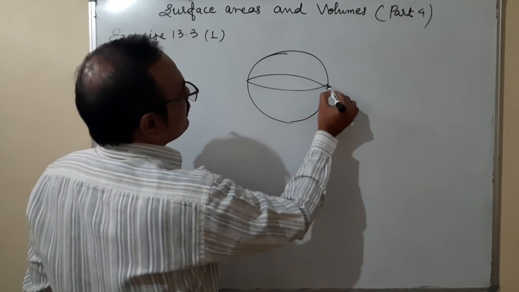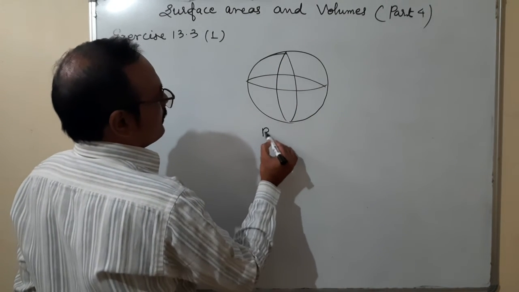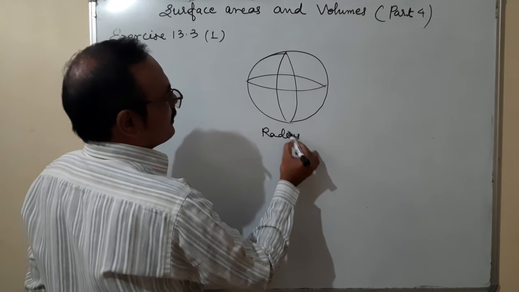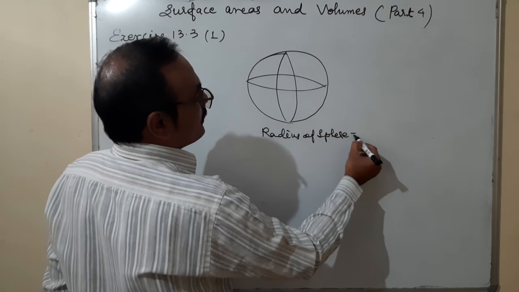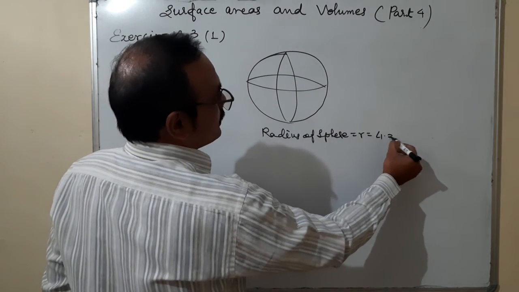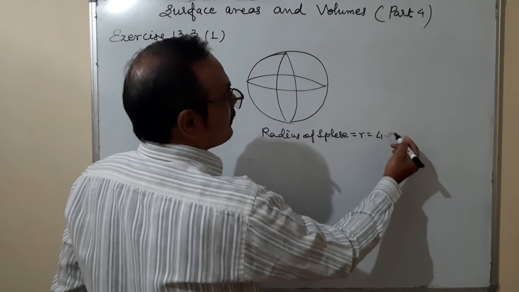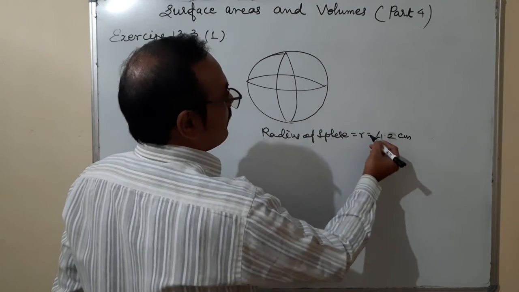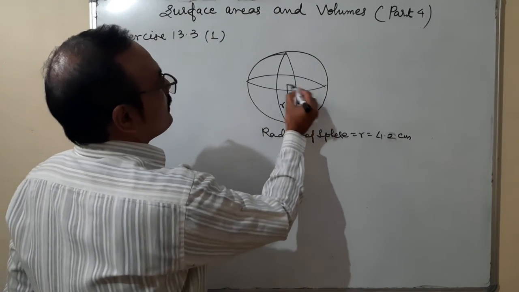Sphere. So the radius of the sphere is R equal to 4.2 centimeter. Okay, so radius R everywhere.